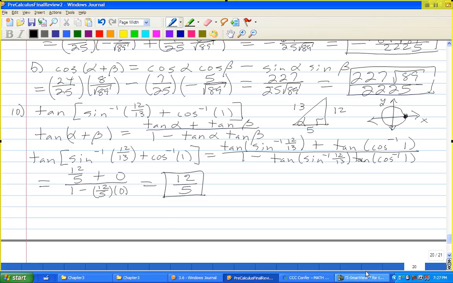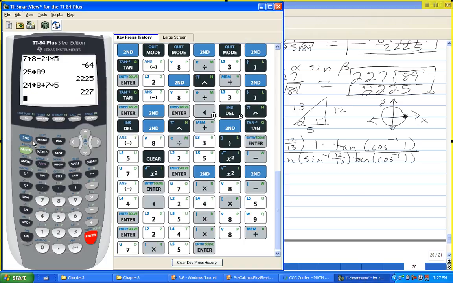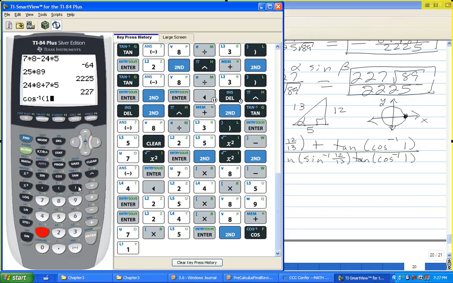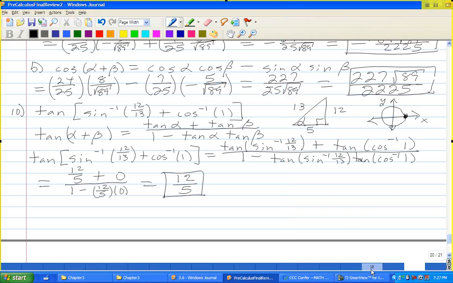Did he really want that? Okay, so arc cosine of 1 is 0. Okay, so he's adding 0 to it. Okay, 11.